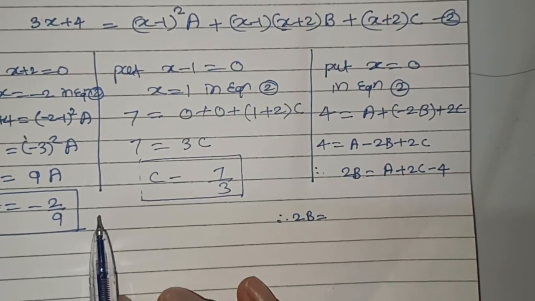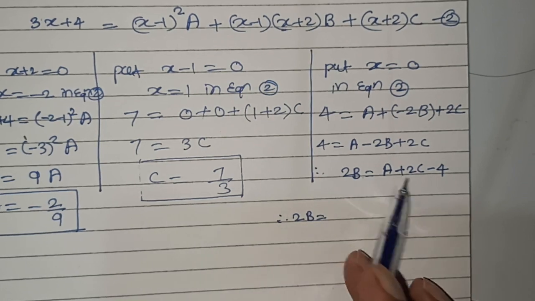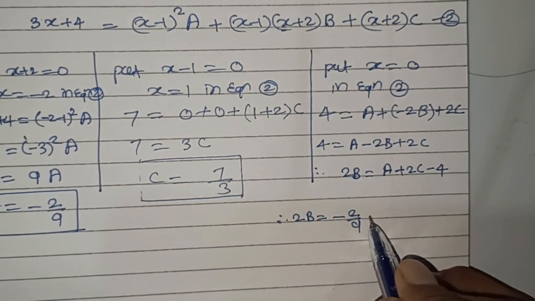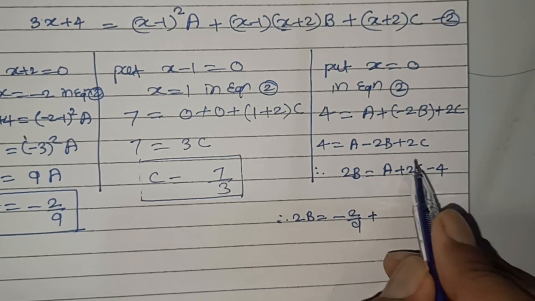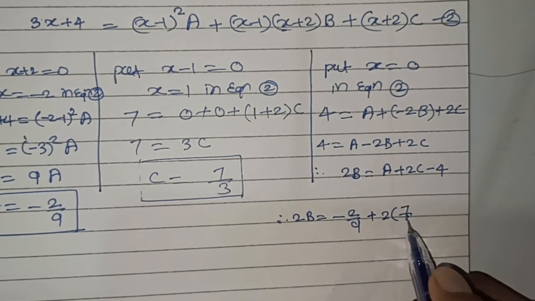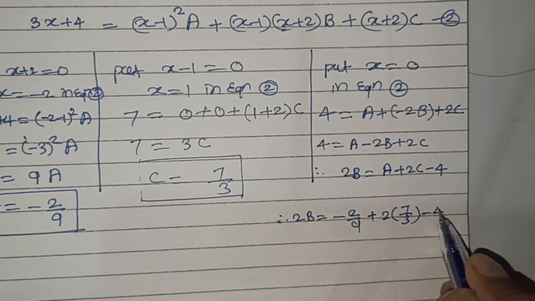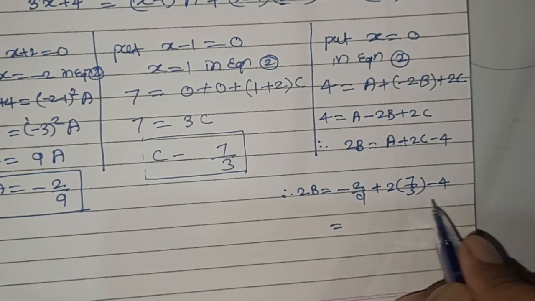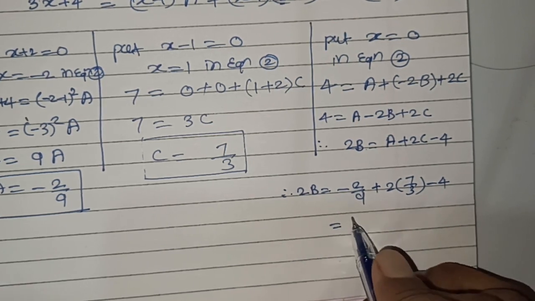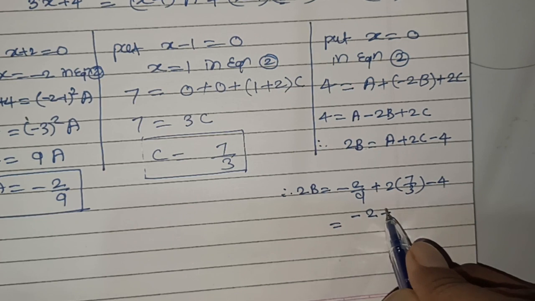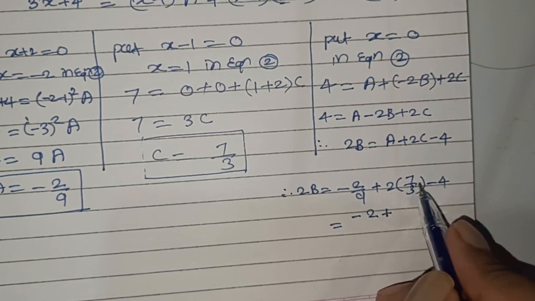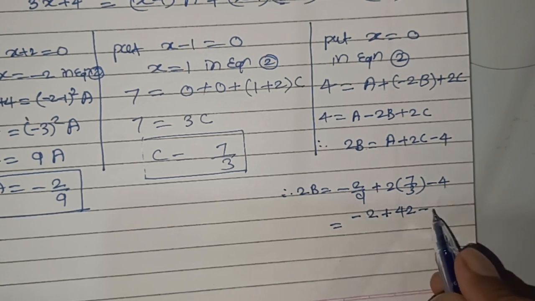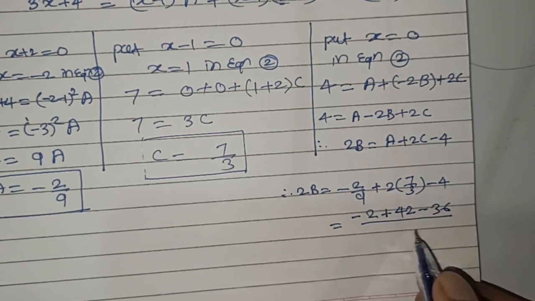We have the value of a and c, put here. a is minus 2 by 9, so minus 2 by 9 plus 2 into 7 by 3, the value of c, minus 4, and simplify this. Here the LCM is 9, so minus 2 plus 14 into 3, 42, minus 9 into 4, 36, upon 9.